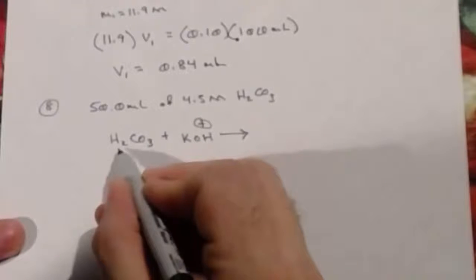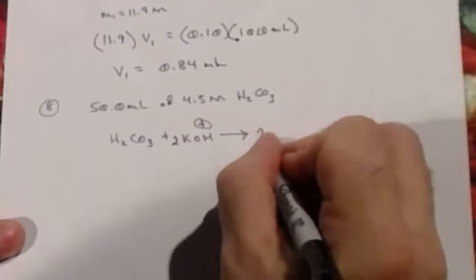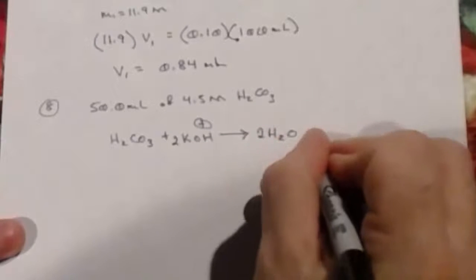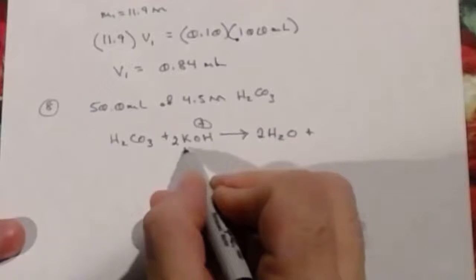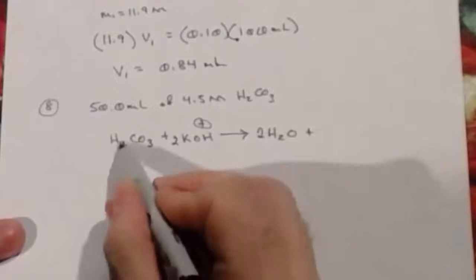So the hydrogens and the hydrogens here, we can see that we've got 2 hydrogens. We need 2 OHs to make water. So 2 hydrogens and 2 OHs form 2 waters. And then we're going to have 2 potassiums and 1 carbonate, which will work because we're losing 2 positives.